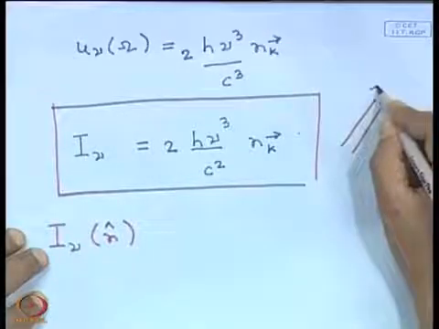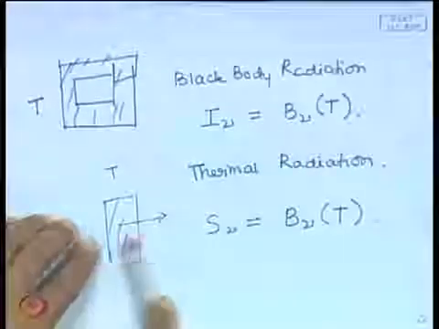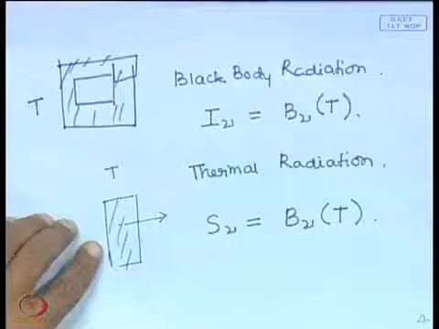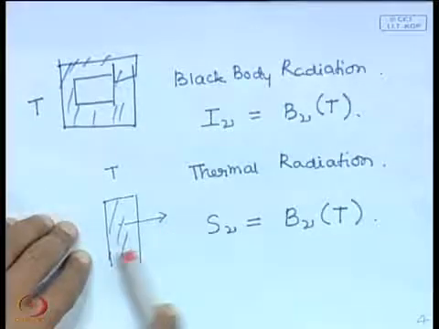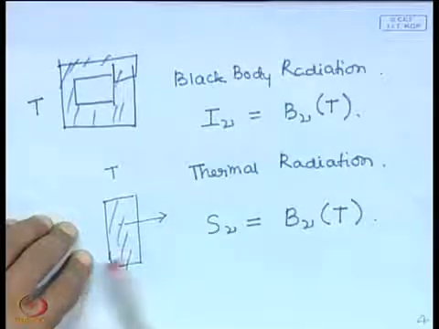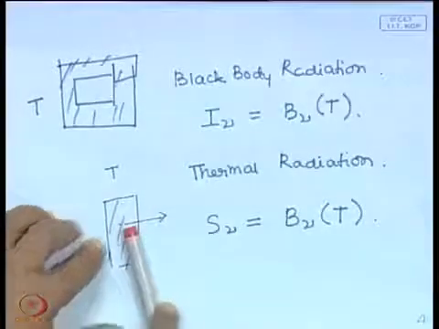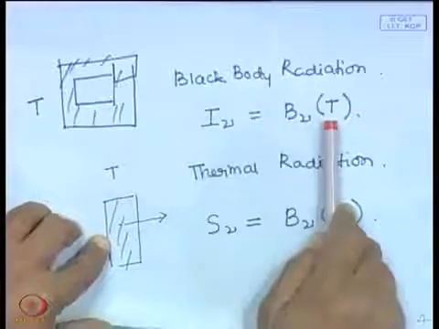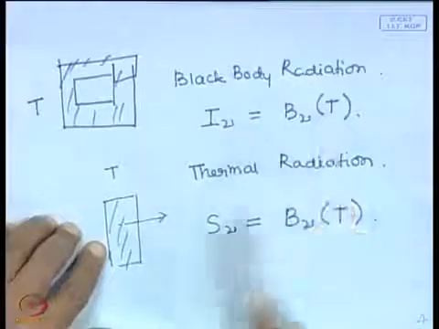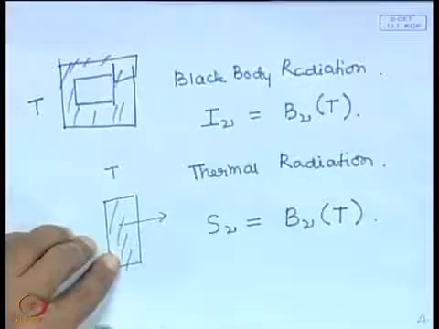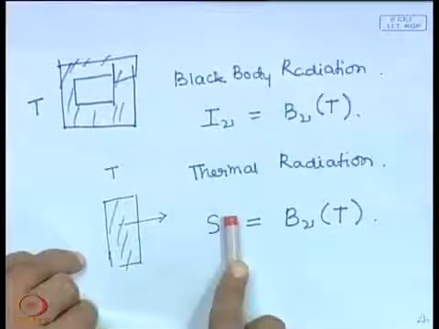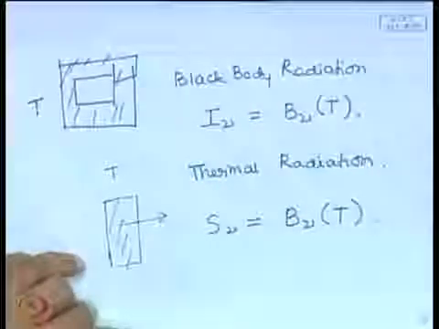The radiation itself need not be in equilibrium with the material, so the specific intensity of the radiation could in principle be anything. If the radiation comes to equilibrium with the material, then the specific intensity becomes the Planck function, otherwise just the source function is the Planck function. This is called thermal radiation, this is called black body radiation.